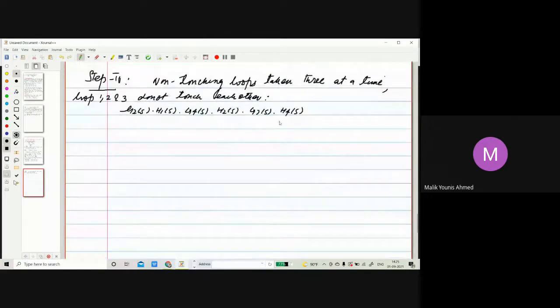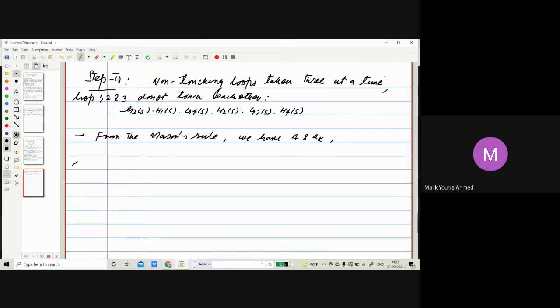Now let's apply the Mason's rule. Okay, now let's apply the Mason's rule. From the Mason's rule, we have delta and delta K. We have to find delta and delta K. So let's see that.